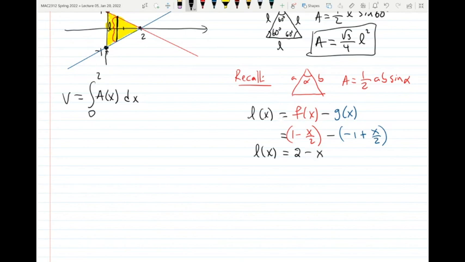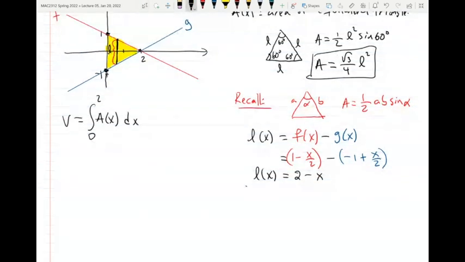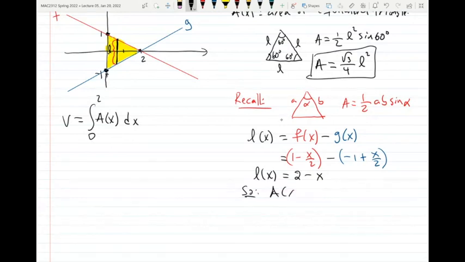X over 2 plus x over 2, that's x. So L of x is given by the formula 2 minus x, and now that means that the area of our section is, remember the formula, square root of 3 over 4 L squared, so that's square root of 3 over 4 times (2 minus x) squared.